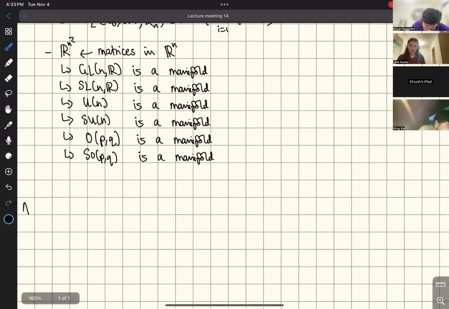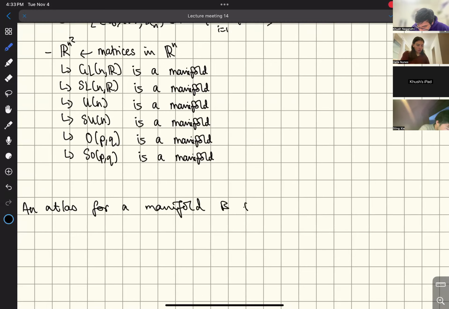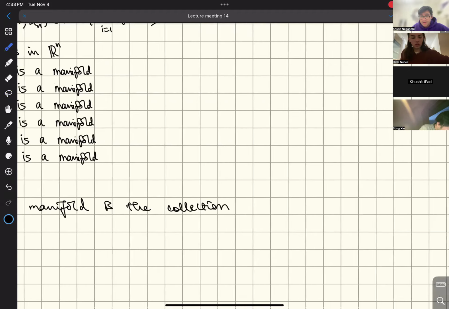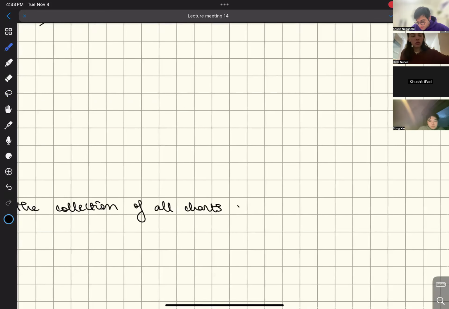Okay, let me actually just go in. An atlas for a manifold is the collection of all charts on that manifold.